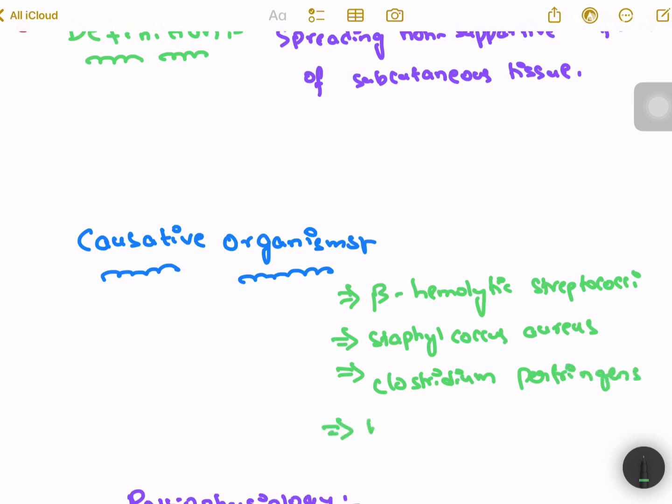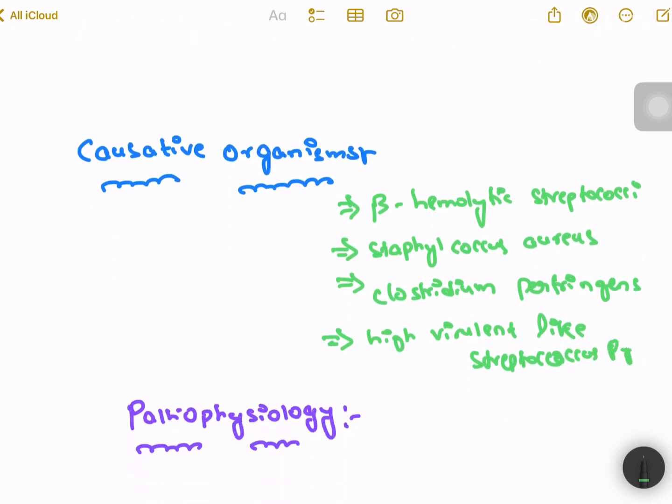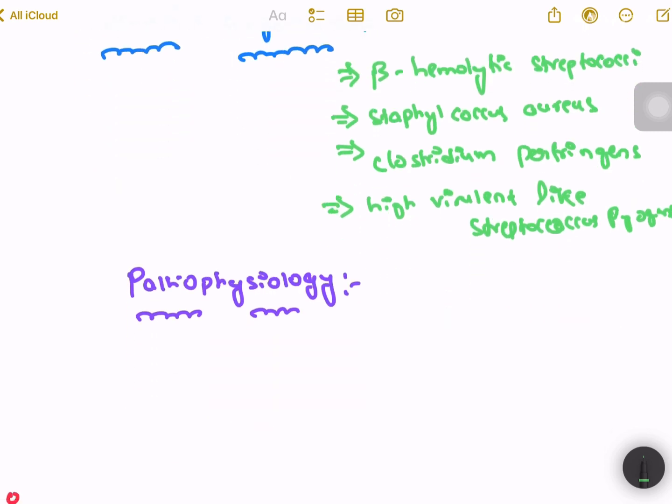Sometimes highly virulent organisms like Streptococcus pyogenes can also cause cellulitis.